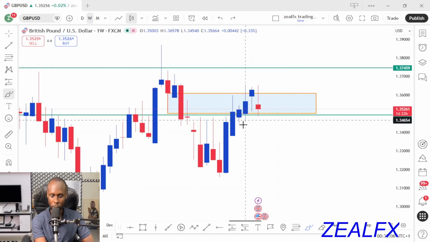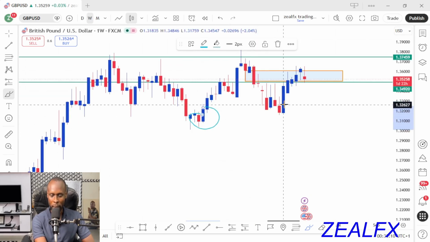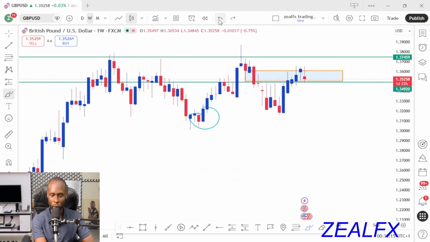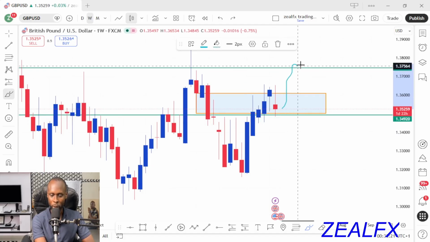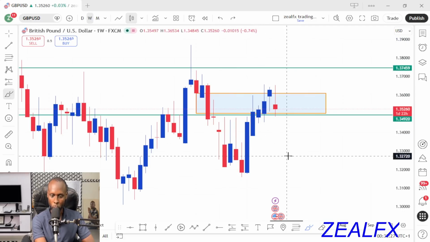So long as we have this lower low and higher low, this is a sign of reversal trend for the pound USD. So once we see price creating a break of this high, this might trigger the major movement for the pound USD. So let's go to the daily time frame.